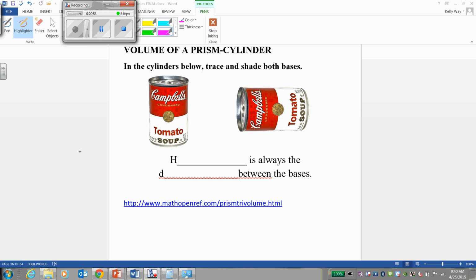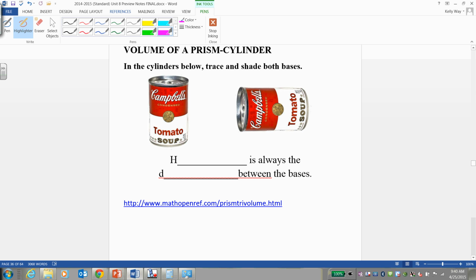So let's start with the simplest shape of this family, prisms and cylinders. And remember, the bases are congruent, parallel, and connected by a rectangle. So if you have a can, and this is really good if you do this yourself, if you put your hand here, the top and the bottom would be the bases.